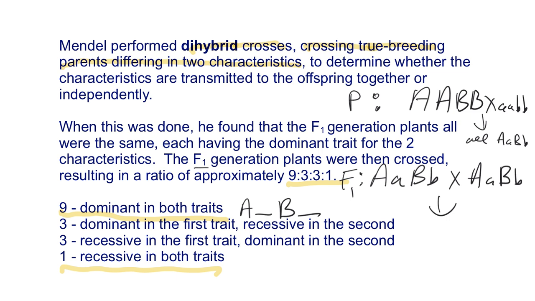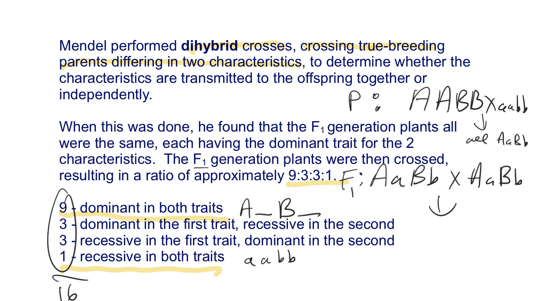You get only 1 out of the 16 that are little a, little a, little b, little b.